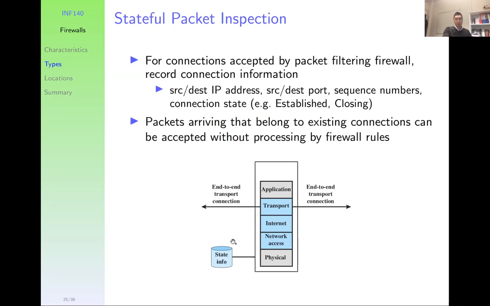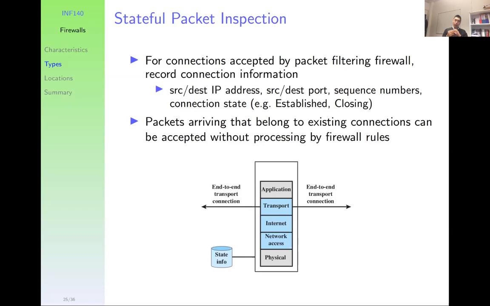So as you see in the slide here, this stateful packet inspection basically keeps track of the states of related packets. If originally one IP packet is allowed for some type of connection establishment, then all subsequent related packets will be allowed.